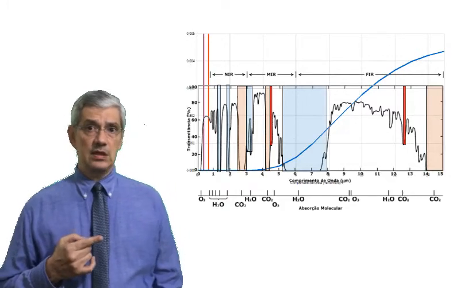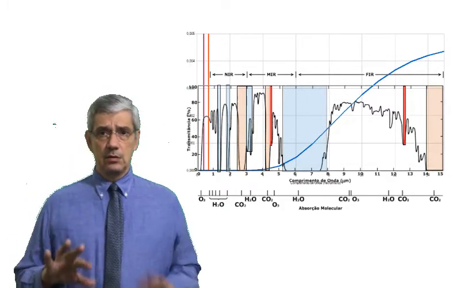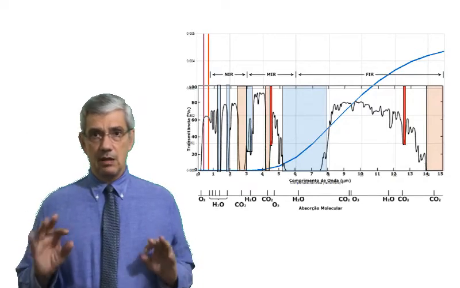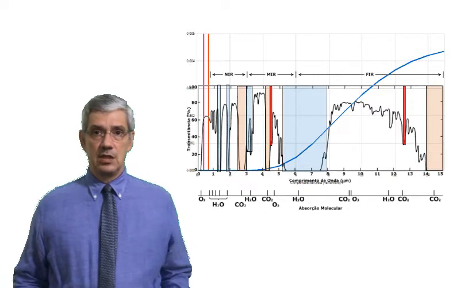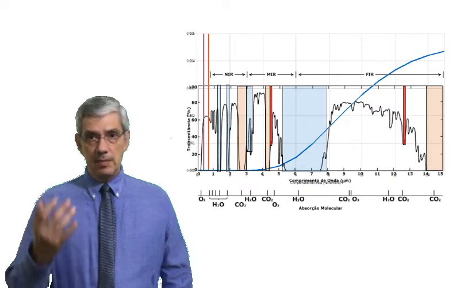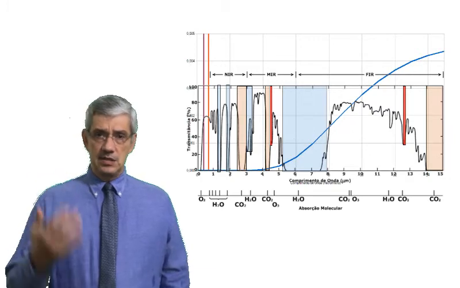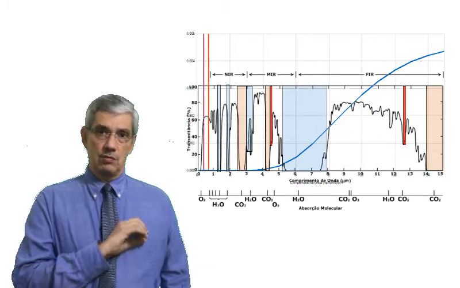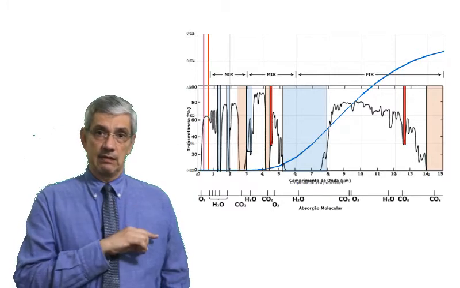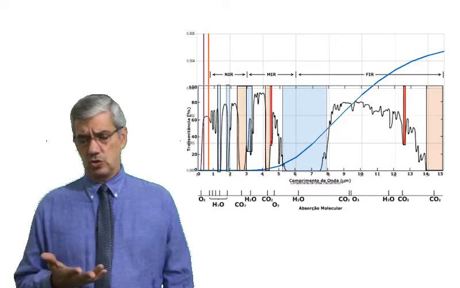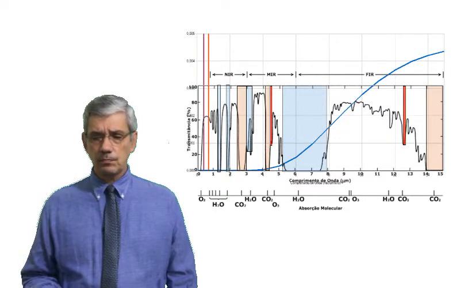So 20 degrees Celsius is considered a good representation of the mean temperature of the Earth. So a black body at this temperature will shine within this curve which is shown in the figure.